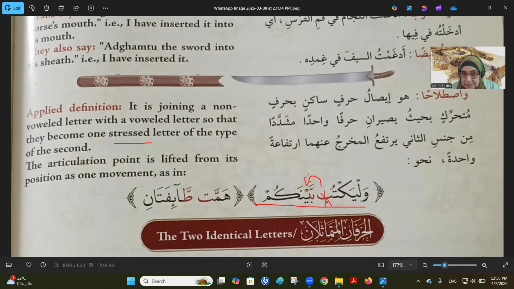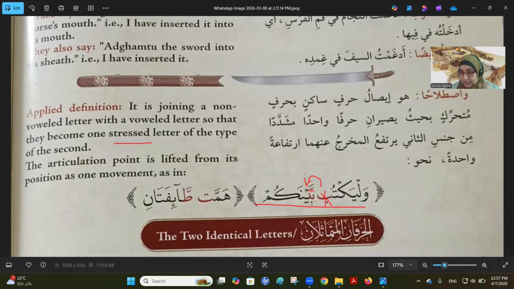That's why the second ba has a shadda because of the complete merging, but originally it was having only fatha. The second ba received shadda when the first ba was fully merged into it, and the original short vowel is kept.